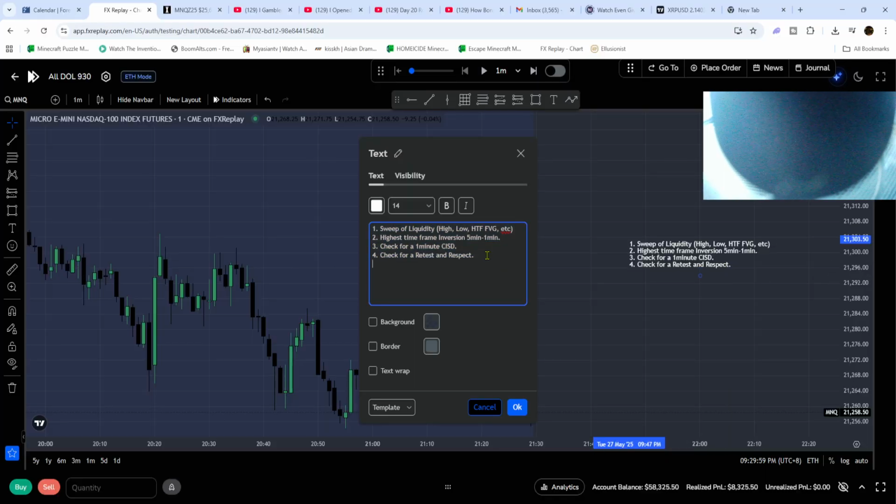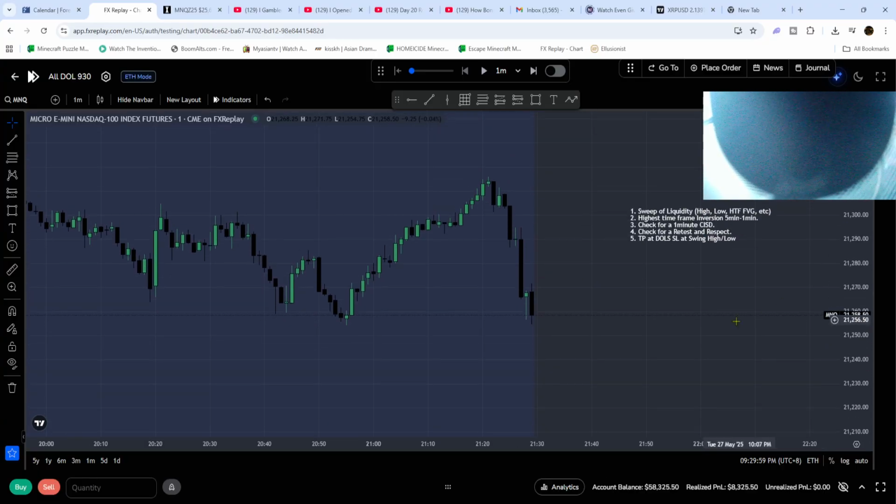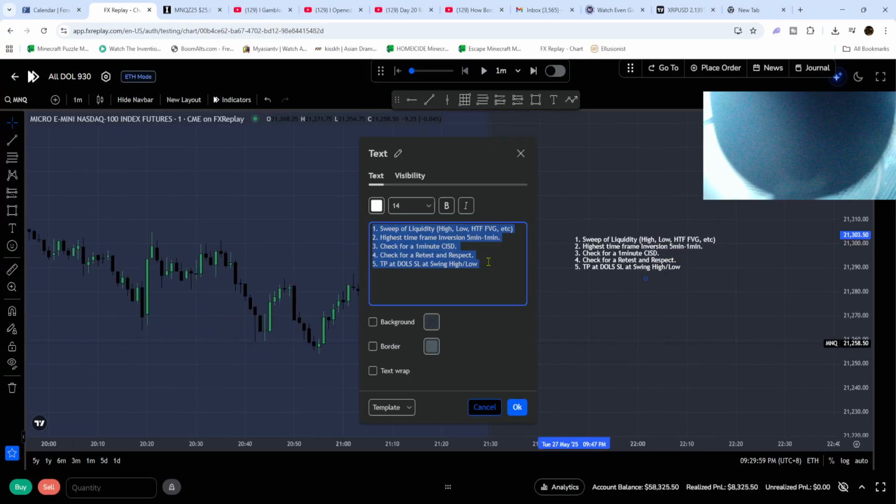Then after that, TP will be at DOLs, SL at swing high or low. Yeah, that's pretty much it. I think it's quite simple. Mostly I do this with a risk to trade of at least 1 to 1, or possible DOLs.